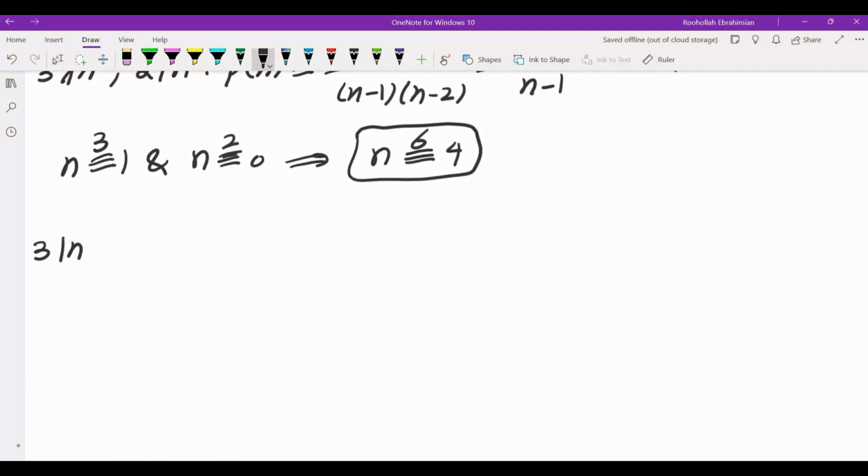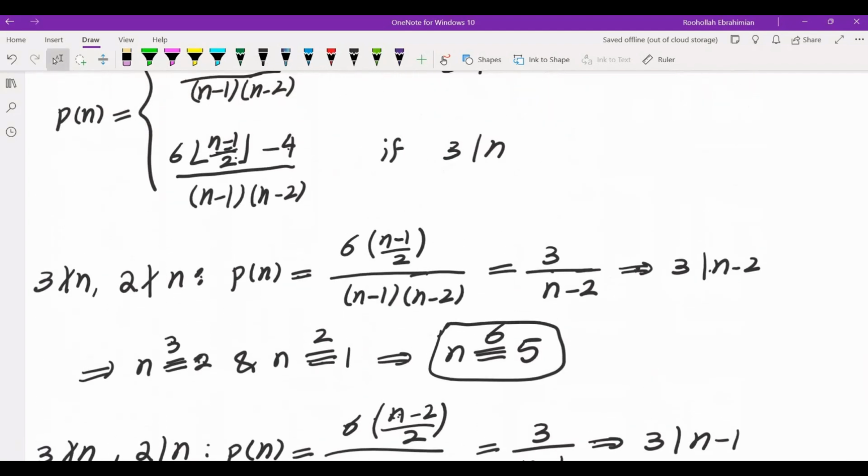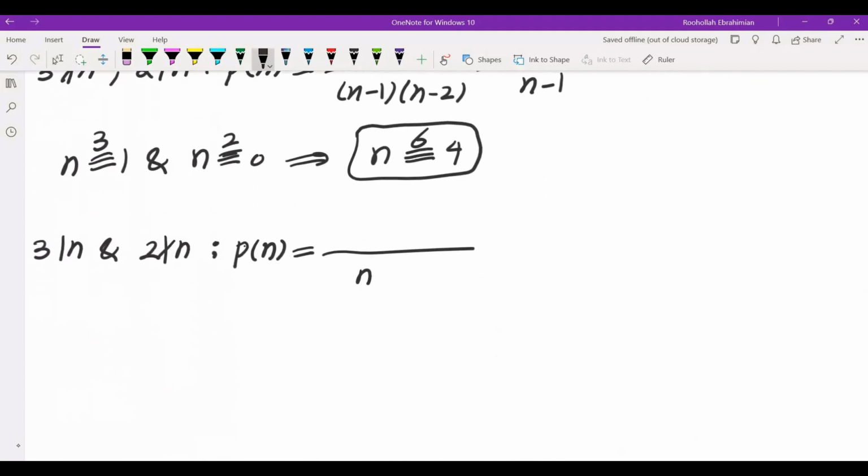If 3 divides n and 2 doesn't divide n, let's go back and see what the probability was. It's 6 times floor of (n minus 1) over 2 minus 4, divided by (n minus 1) times (n minus 2). So the denominator is (n minus 1) times (n minus 2).